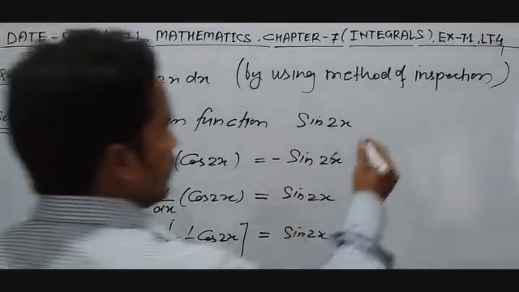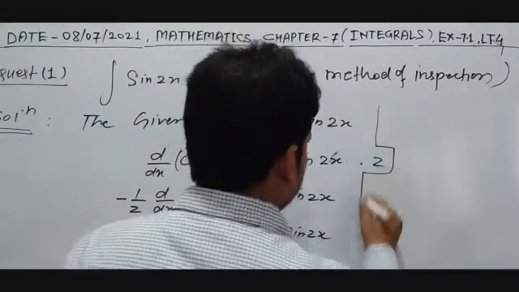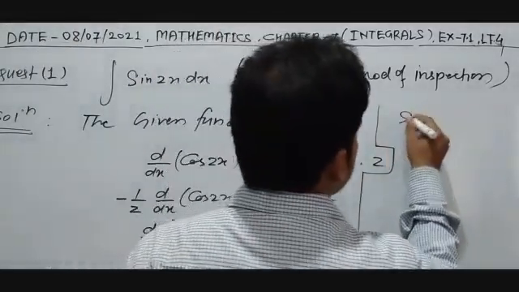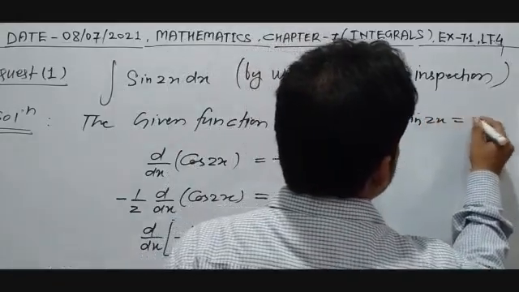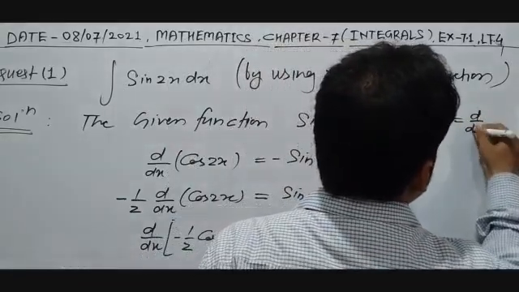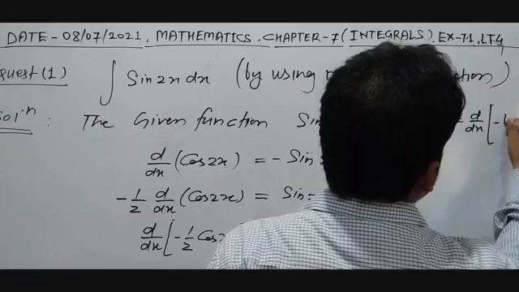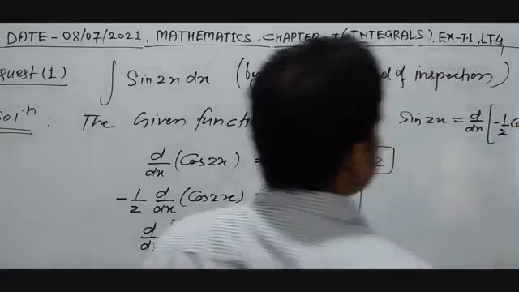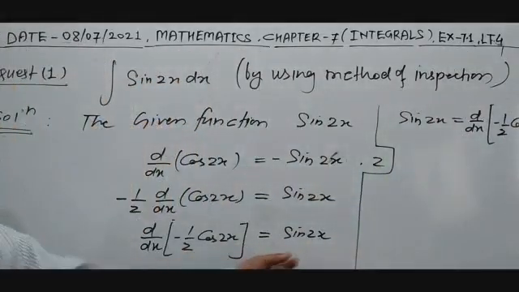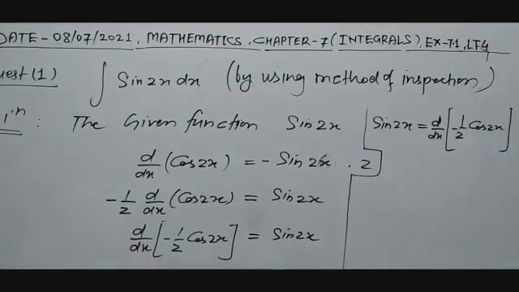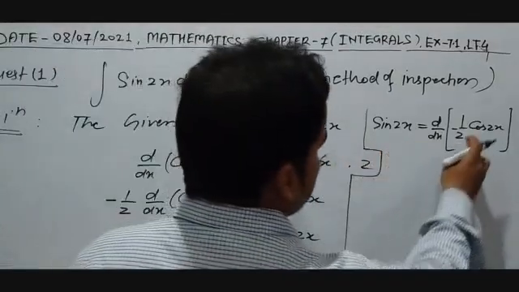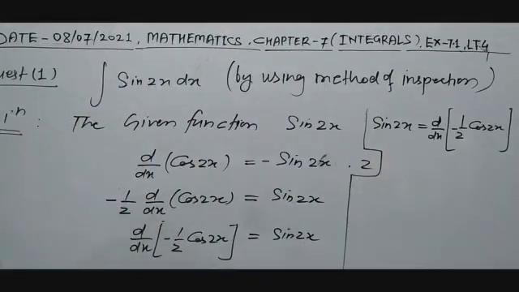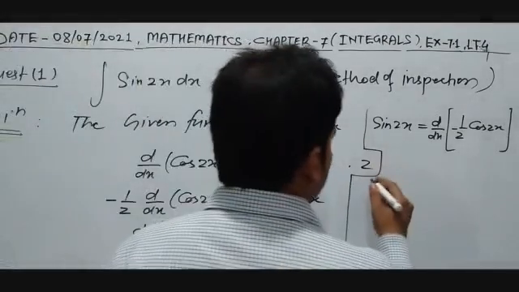So now you can write sine 2x is equal to d by dx of minus 1 by 2 cos 2x. We have interchanged. So operate integration dx on both sides. What will you get as the result?